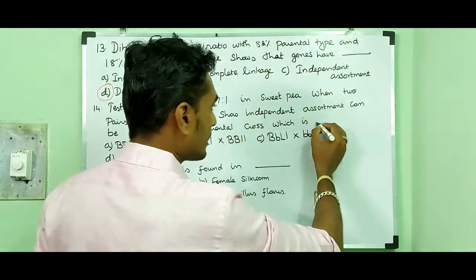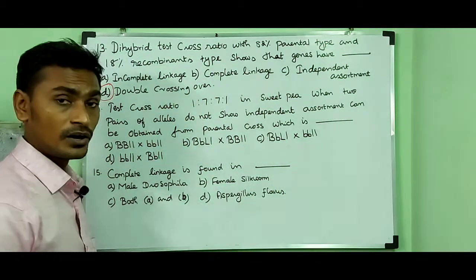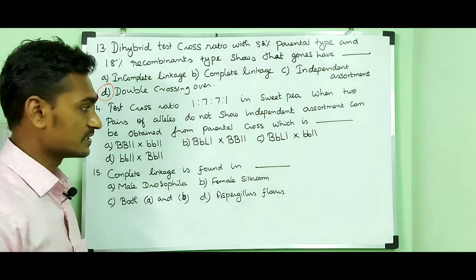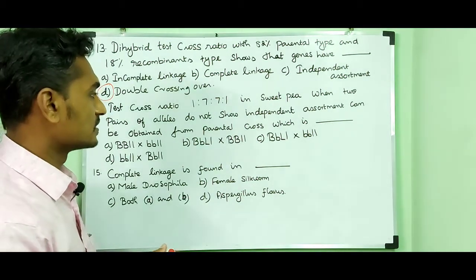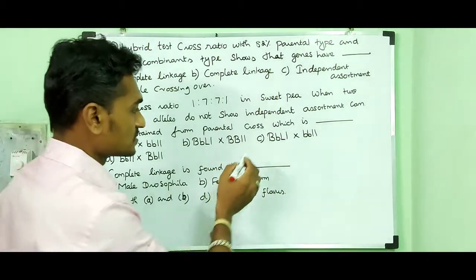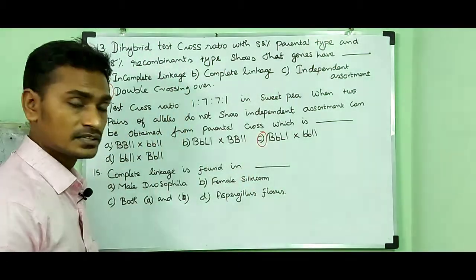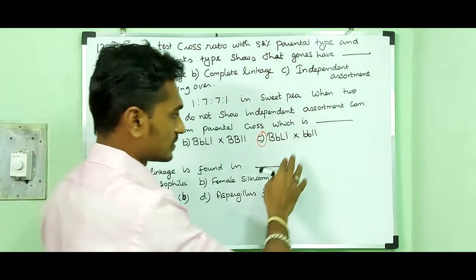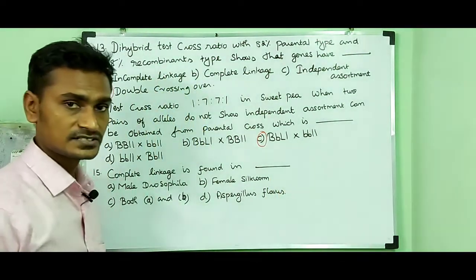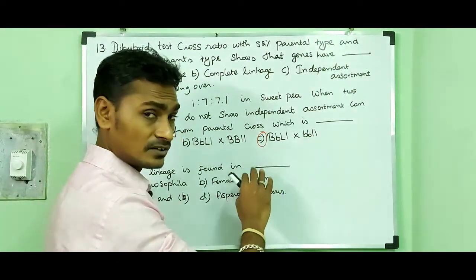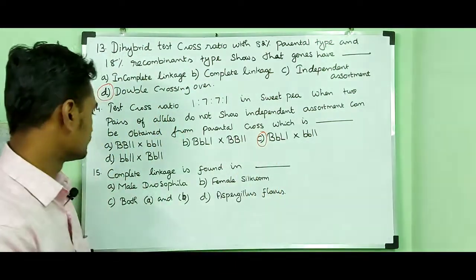Actually, it is the trans arrangement or repulsion theory. So the right option is option C. Capital B small b, capital L small l, crossed with a homozygous recessive parent, shows repulsion or trans arrangement.